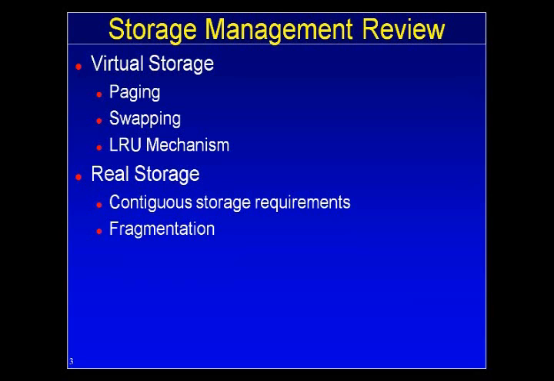Now, the downside was that if we had overcommitted our storage usage, then we would end up having to bring in those pages from disk, and we would incur the overhead of that. In addition, with virtual storage, one of the overhead issues was that we had to translate every virtual address into a real address.